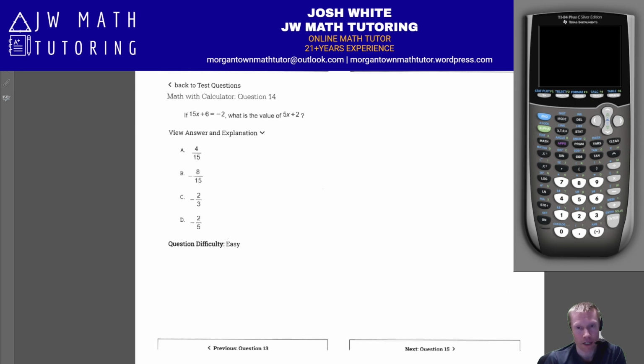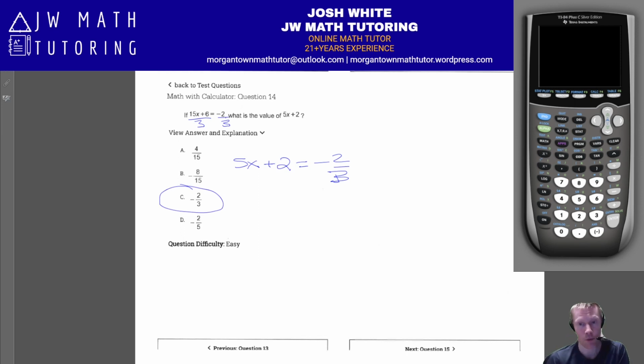They want you to recognize that if you take this given equation and you divide both sides by 3, what happens on the left side is you get 15x over 3, which is 5x, and positive 6 over 3 is positive 2. So then the left side turns into 5x plus 2, and they want to know what that's equal to. And so you divide the right side by 3, it just becomes negative 2/3. Correct answer, letter C, that's it.